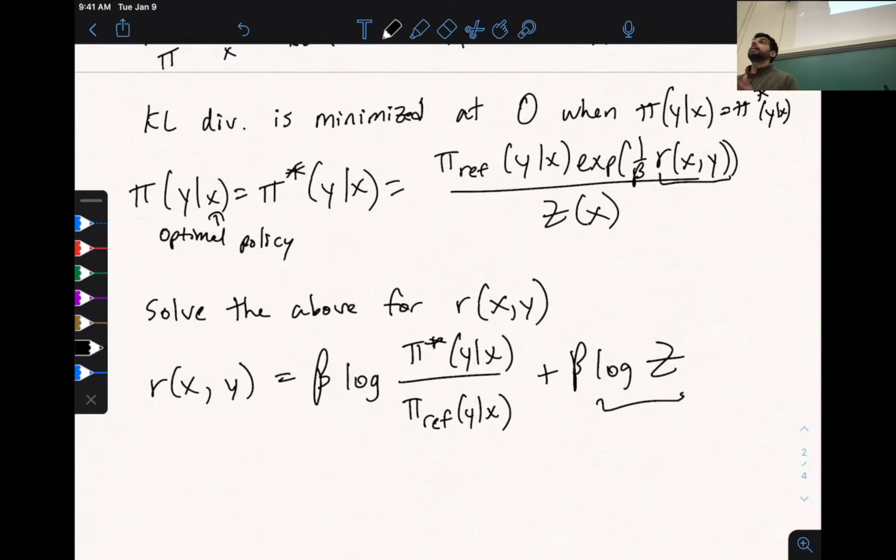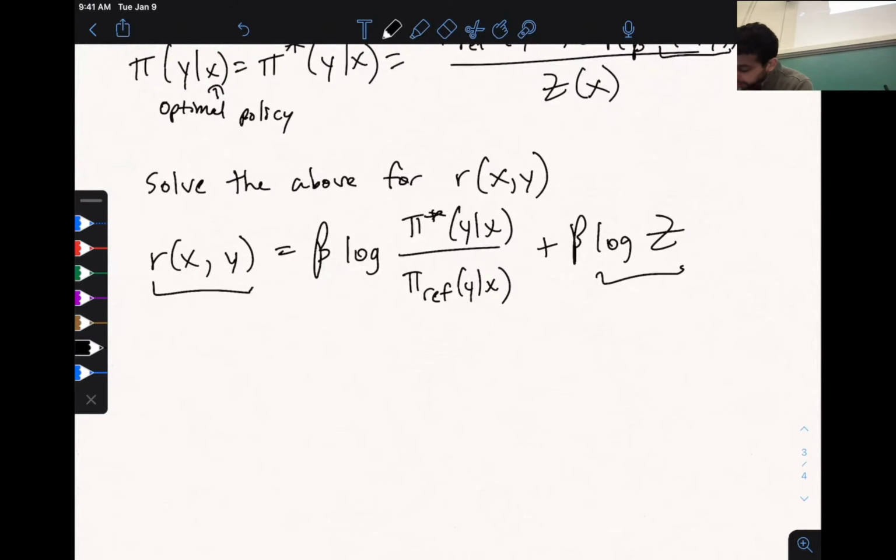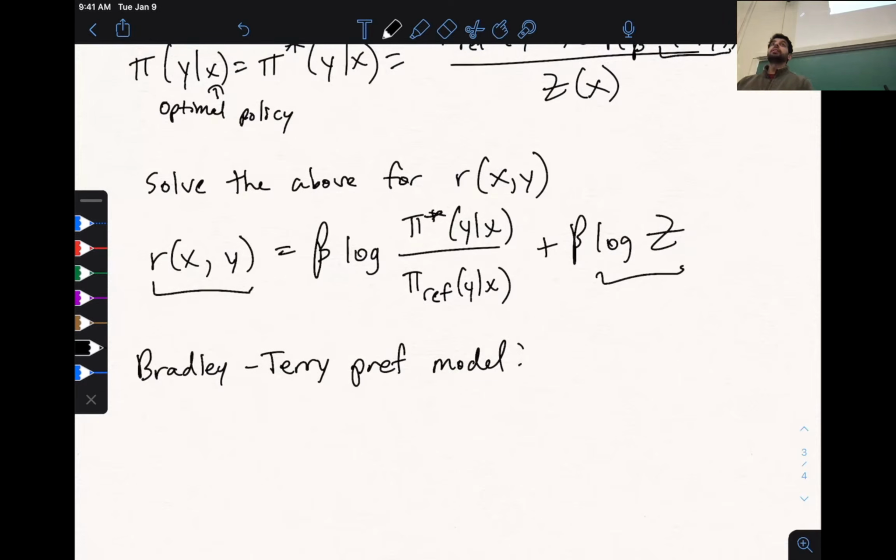And we can see that that is what happens when I substitute this reward into the Bradley-Terry preference model that we saw in the last class. So remember that, I'll just write it again. So we looked at this when we were talking about training our reward model in the last class.